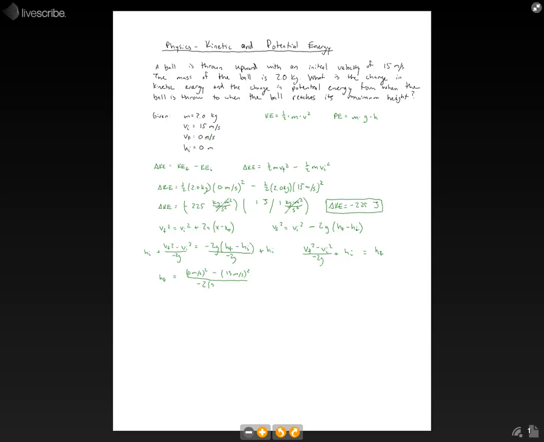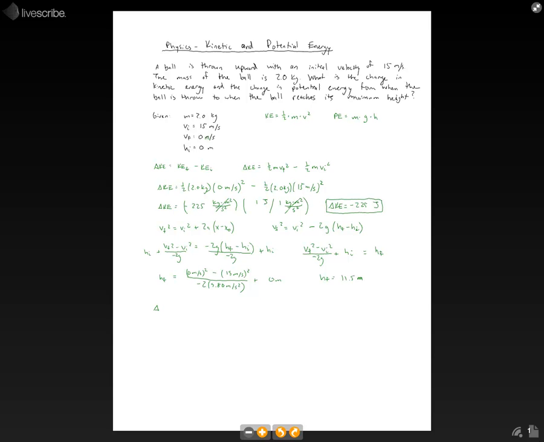That's over negative 2 times 9.80 meters per second squared, plus your initial height, which we're just going to have as 0 meters. If you work all that out, it should come to about 11.5 meters. So 11.5 meters is how high the ball will go during all this.